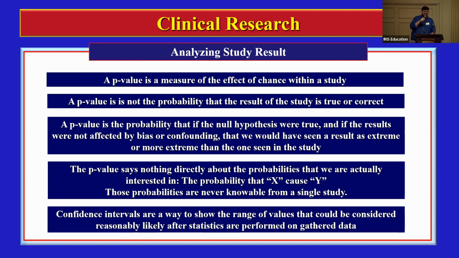Strictly speaking, the p-value would be that if the null hypothesis were true and we had no bias, we had no confounding, then we would see results as extreme or more extreme. The reason I say that is because the test statistic is what determines the results we found. That corresponds to if we were to see an even larger measure of effect or an even larger association. So when I say extreme or more extreme, just know that that's what I'm referring to there.